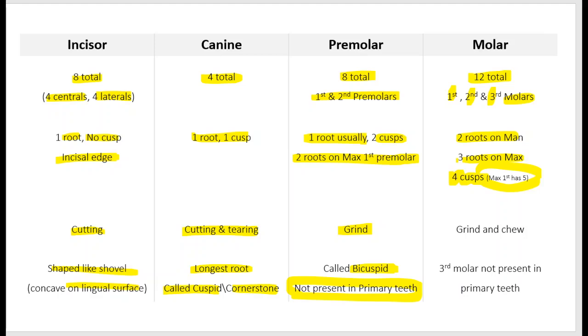The small cusp that is non-functional we call the cusp of Carabelli, but that is something else. Grinding and chewing is the use of it, and the third molar is not present in the primary teeth. So remember, we called these non-succedaneous teeth, right? The premolars and the third molar are considered non-succedaneous teeth because they do not replace any existing teeth.